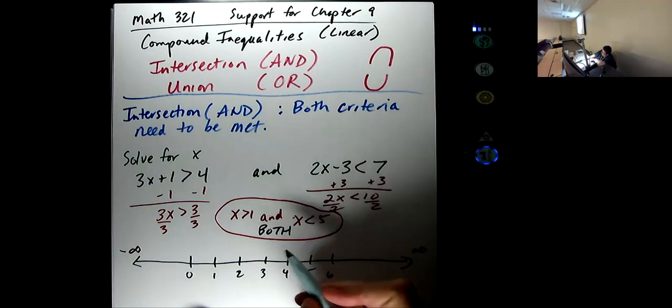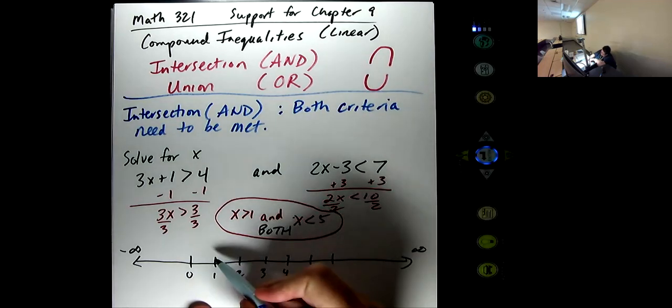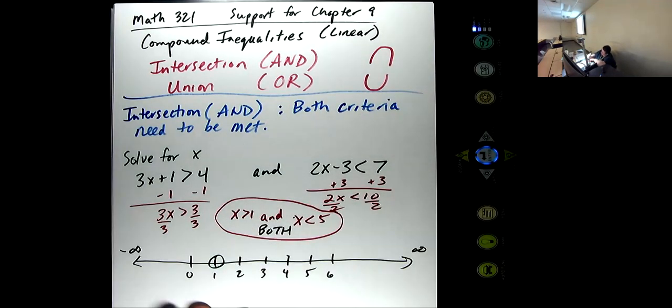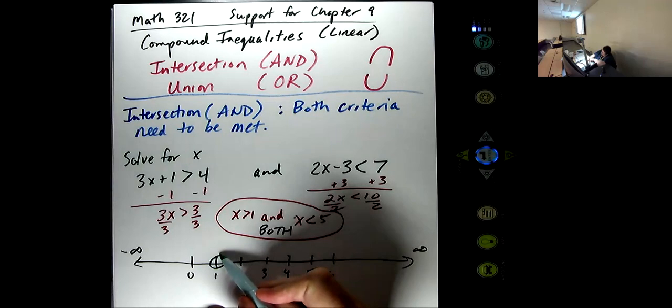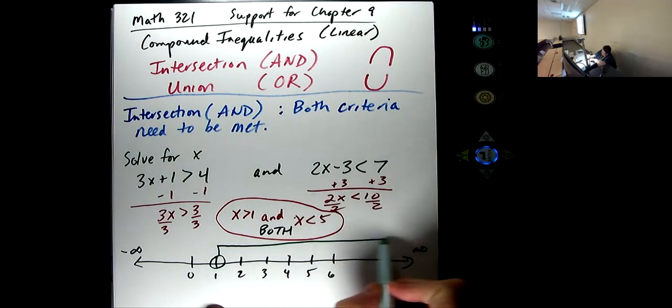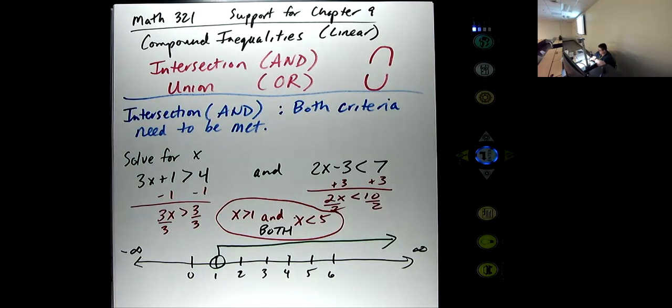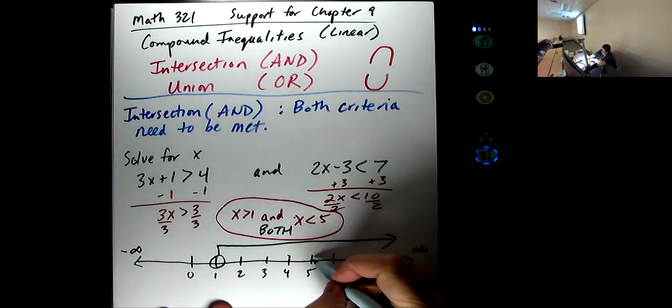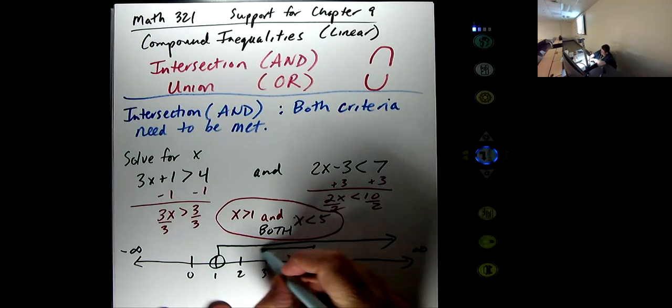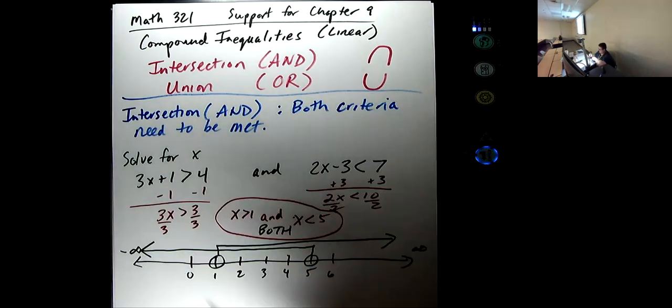We've done this inequalities stuff before. X is greater than 1 means we put a circle on the 1, and we want values that are higher than it. X is less than 5, we put a circle on the 5, and we want values that are less than 5.